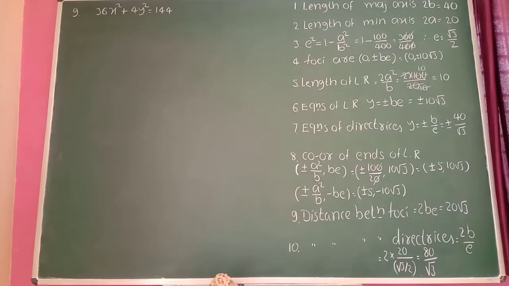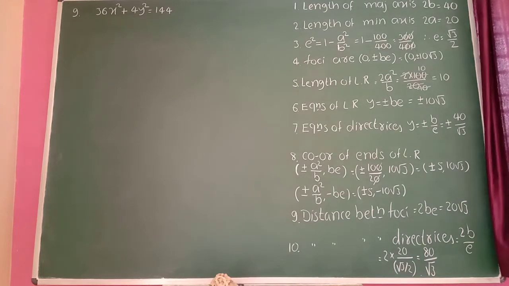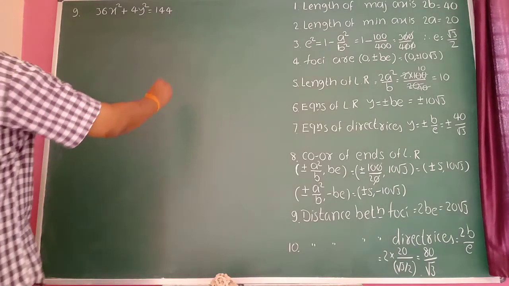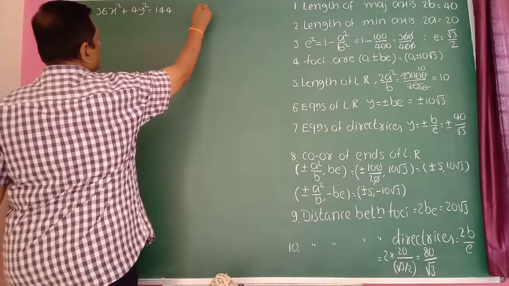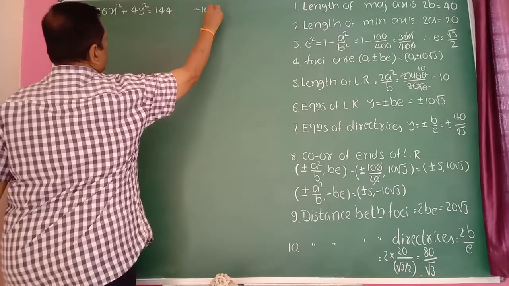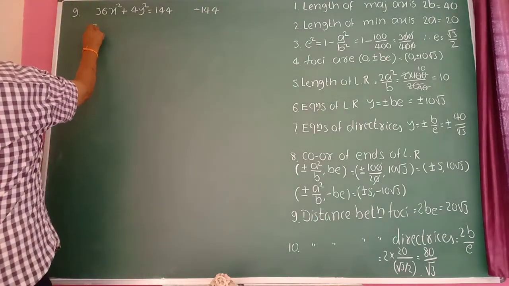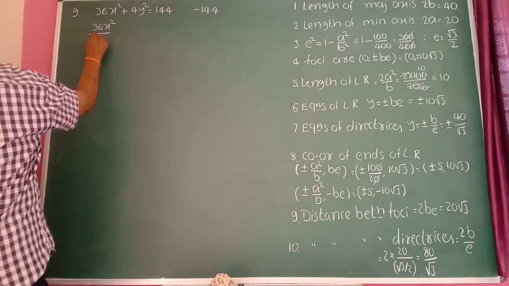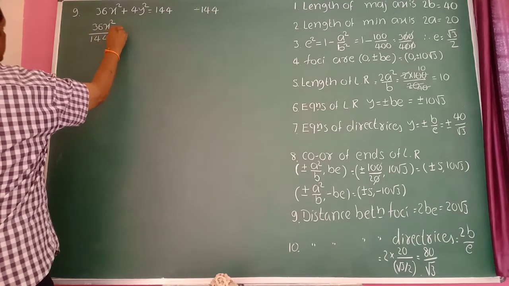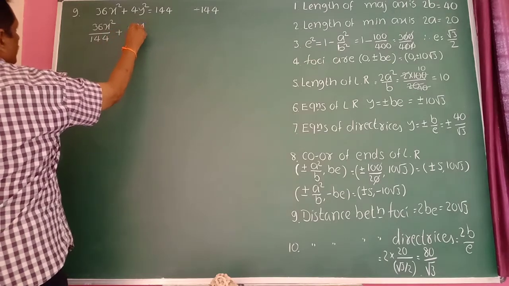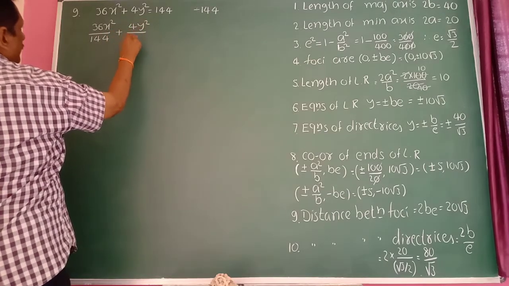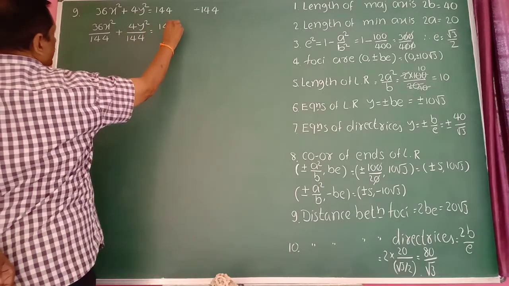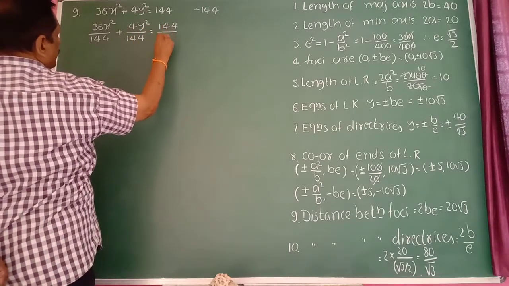So next, the equation of the ellipse is 36x² + 4y² = 144. Just dividing both sides by 144, we get 36x² divided by 144 plus 4y² divided by 144 is equal to 144 divided by 144.